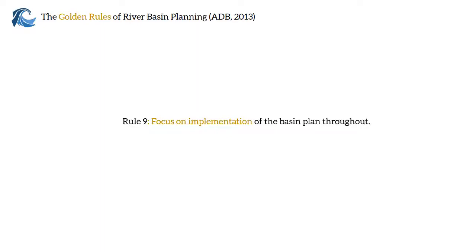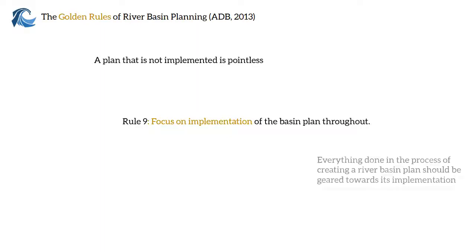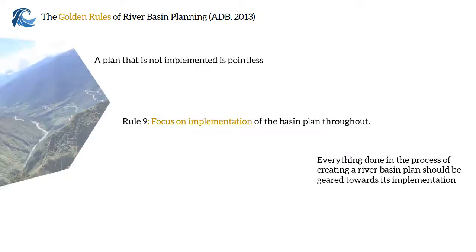So everything that you're working towards should be towards implementation. Everything you're working on when you're planning should be towards implementation and not just towards a good plan. Because a good plan, however amazing it is, if it's not implemented, is useless. So a plan that is not implemented is pointless, and everything done in the process of creating a river basin plan should be geared towards its implementation.